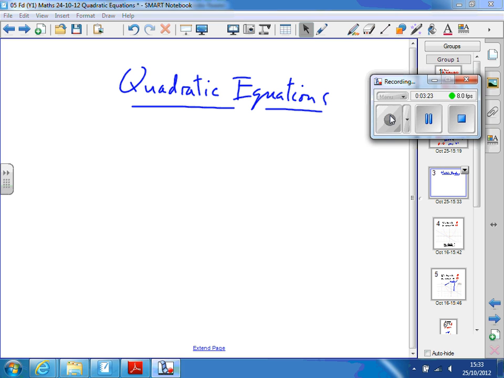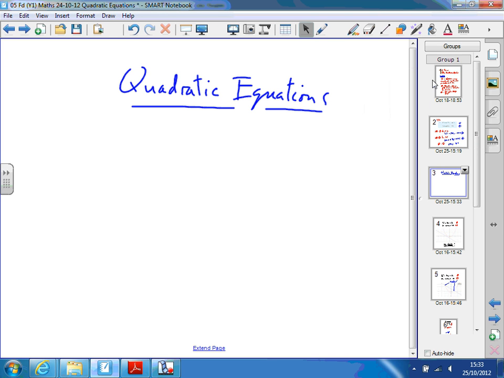So today I want to look at quadratic equations, solving quadratic equations. And we're going to do it by looking at an example of two simultaneous equations where we have a quadratic factor. So quadratic equations involve an x squared term.